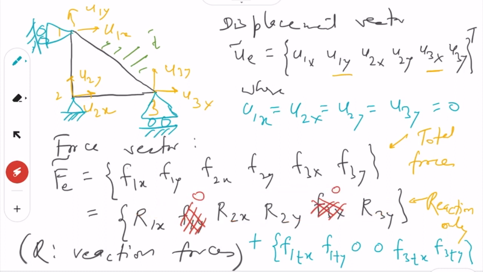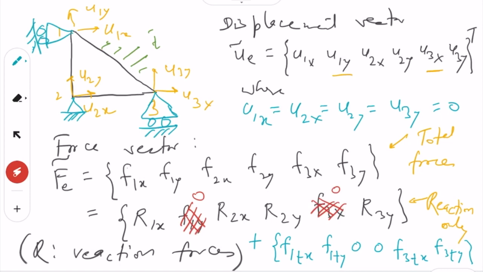So if we add, you will see this 0 plus this one, reaction plus this, so we get just F1Ty only. This one will be R2Y, this will be R2X here, this is R2Y, this will be F3Tx, this will be R3Y, and so on.